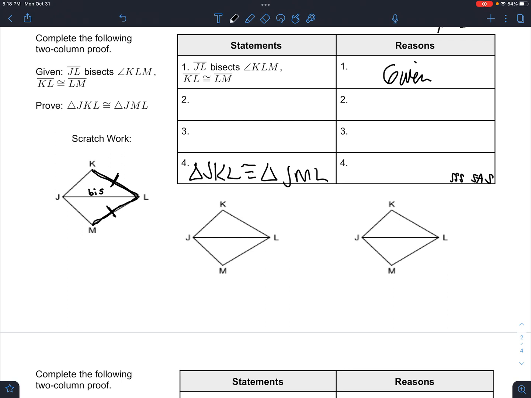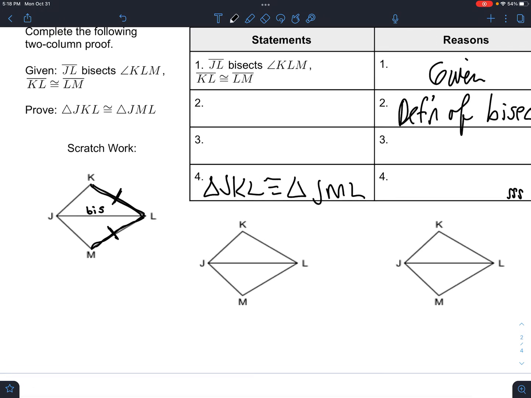And we're told that these are congruent. Okay? So we definitely want to use the definition of bisect first to get any information we can from that word. And if this JL did cut the angle, that would mean that these two match.